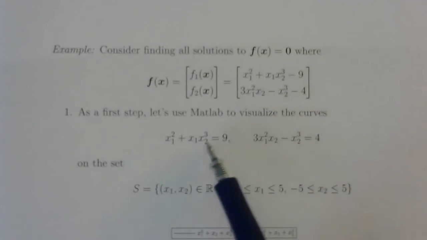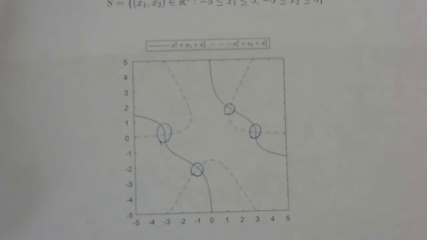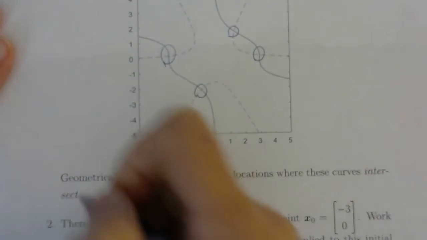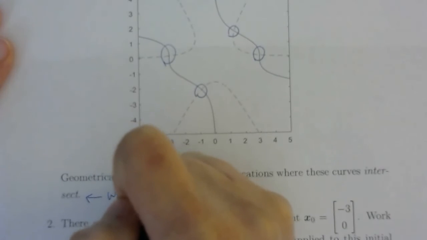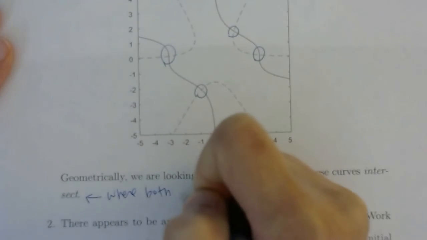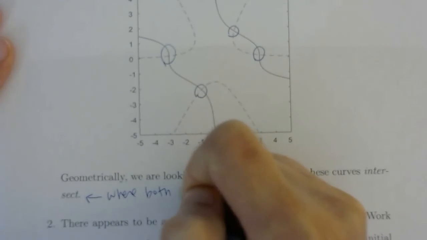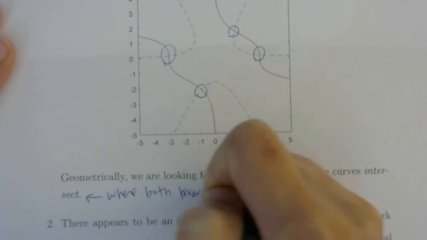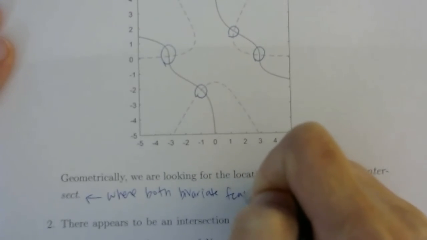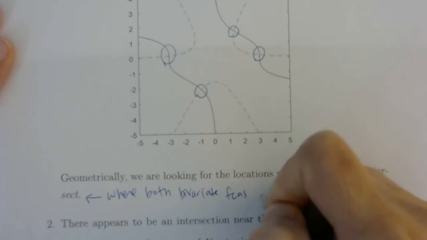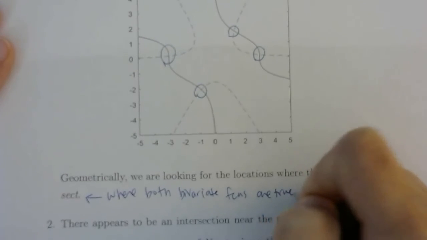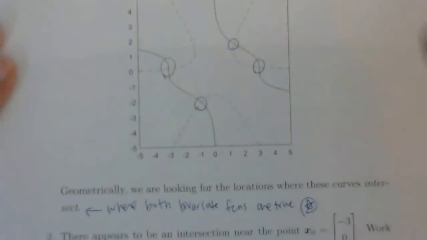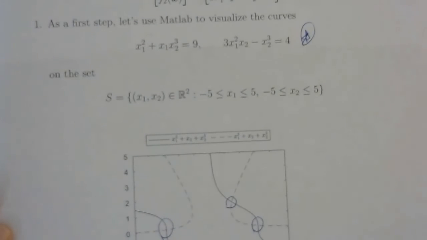And so I need both of these things to be true. Well, they're only both true at their intersection points. So geometrically, we're looking for the intersections where both bivariate functions are true. I'll put a star so you know which bivariate functions, these ones with the star.